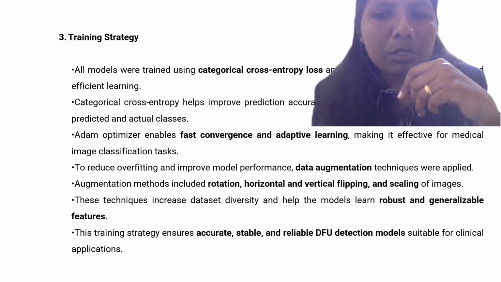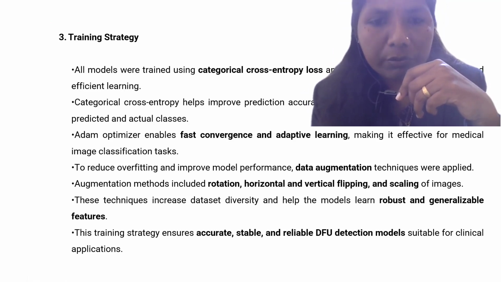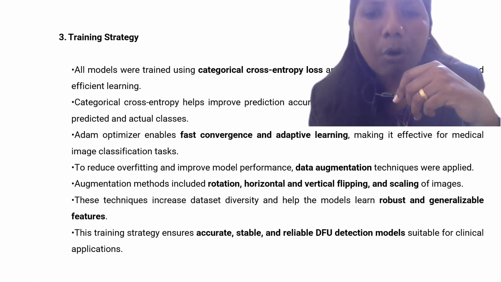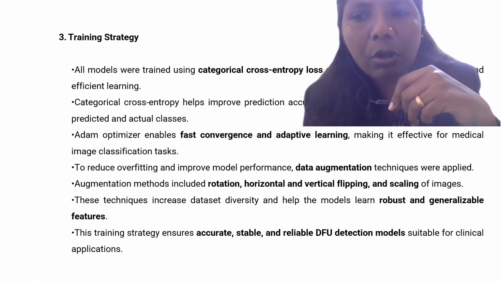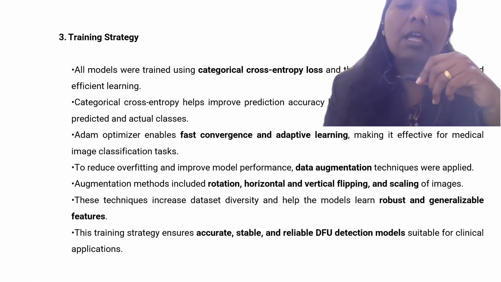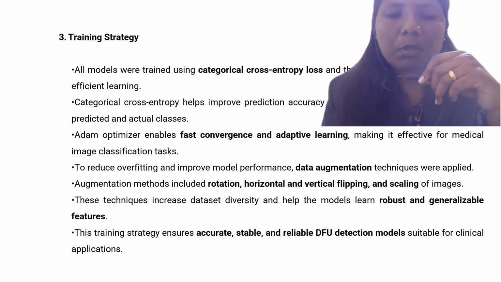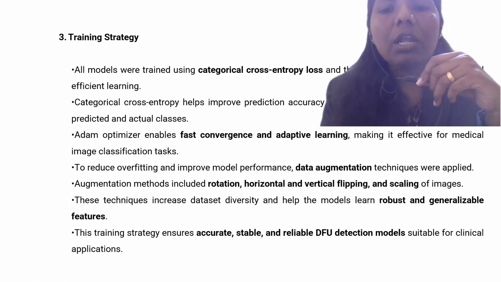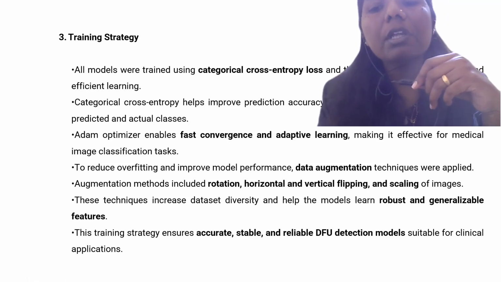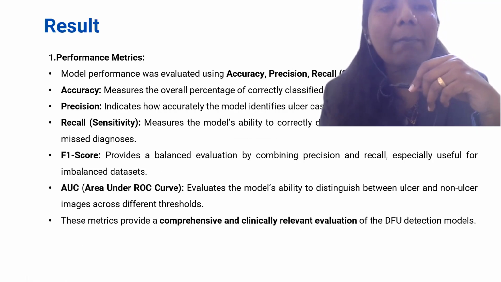Next, we are using data augmentation for reducing overfitting and improving model performance. Augmentation performs rotation, horizontal and vertical flipping, and scaling of the images. These techniques increase dataset diversity and help the models learn robust, generalizable features. These training strategies ensure an accurate, stable, and reliable DFU, diabetic foot ulcer, detection model suitable for clinical applications.